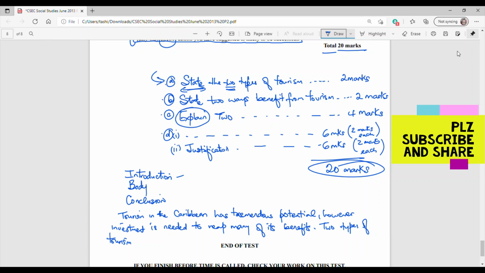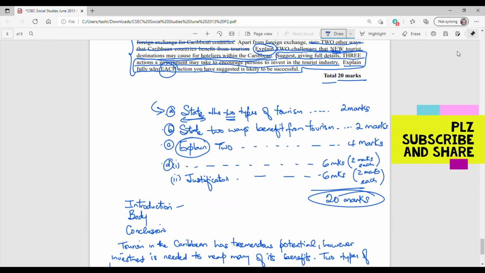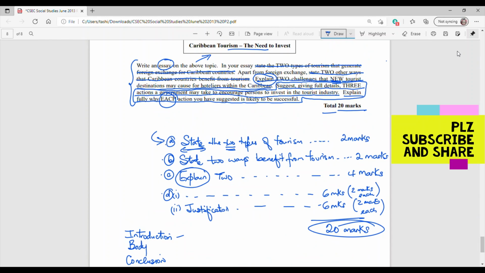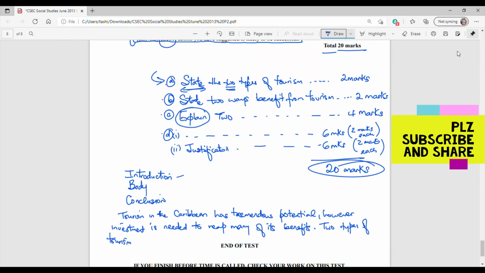So two types of tourism, what did they say again? That generate foreign exchange in the Caribbean are, and then we would write in our answers.